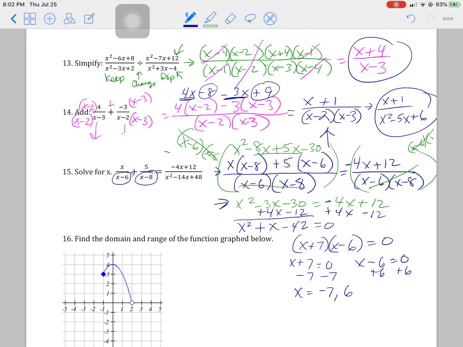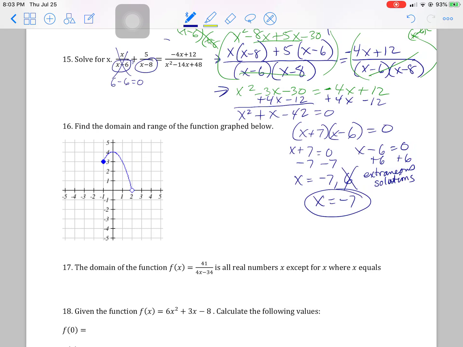So if x equals 6 and we put it in there, 6 minus 6 is going to equal 0. So that's going to make that a problem. That can't be the answer. So that is definitely extraneous. An extraneous solution, and we're not going to include it in our answer. So our final answer is x equals negative 7. Okay? Because that we can use.